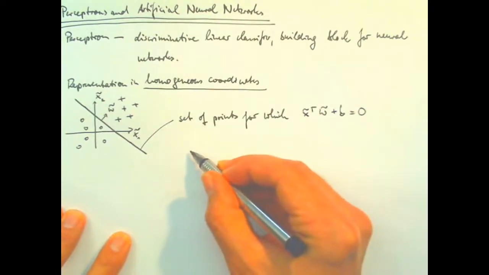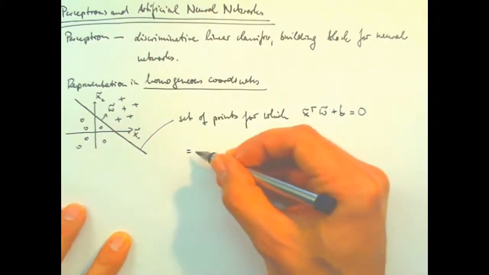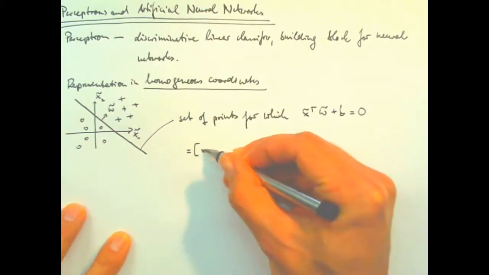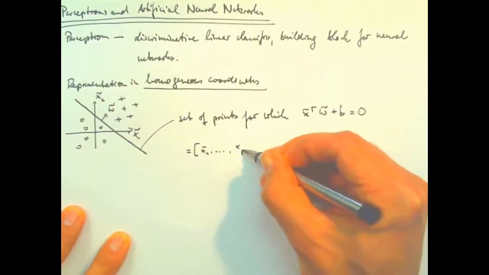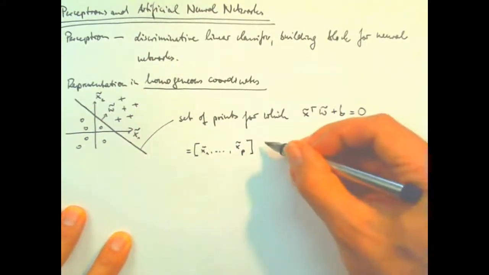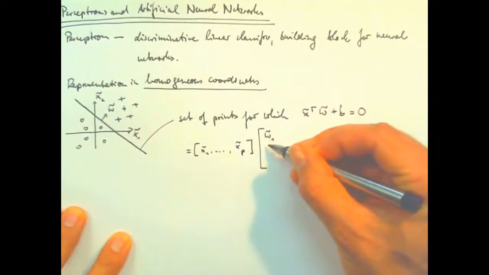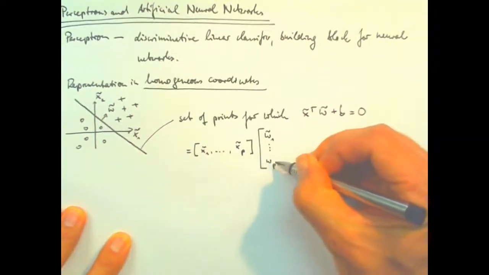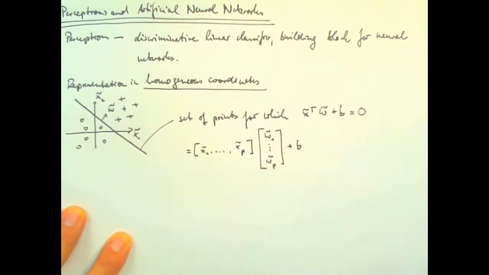And if I write this vector multiplication, the scalar product explicitly, I can do that as follows: x1 tilde up to xp tilde if I have a total of p dimensions, multiplied with w1 tilde up to wp tilde, plus this offset.